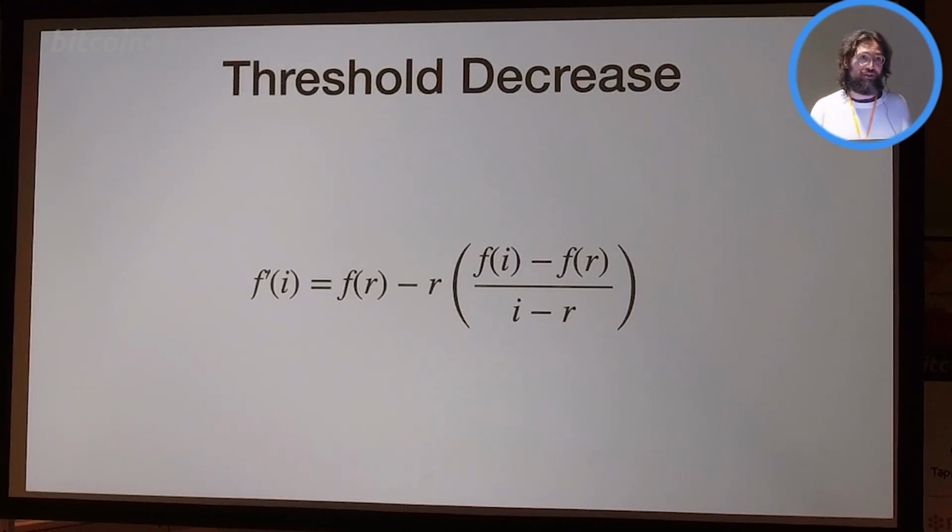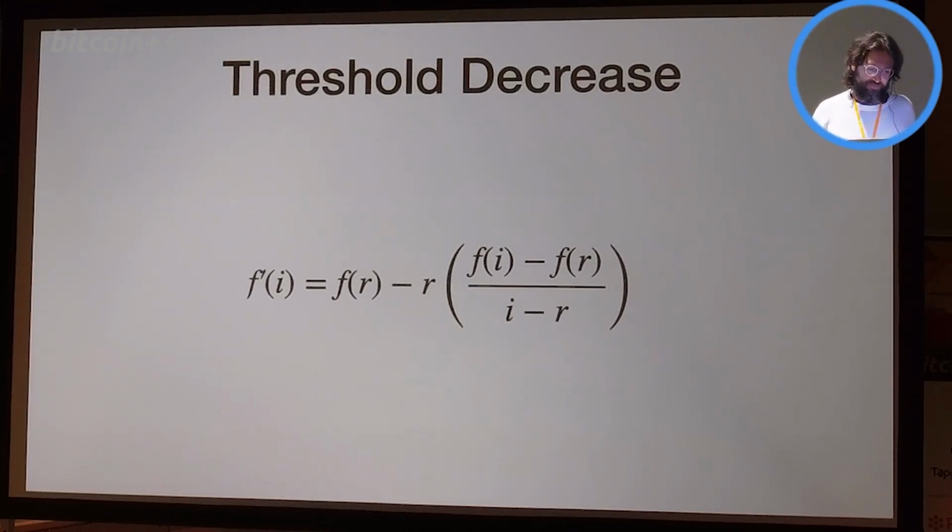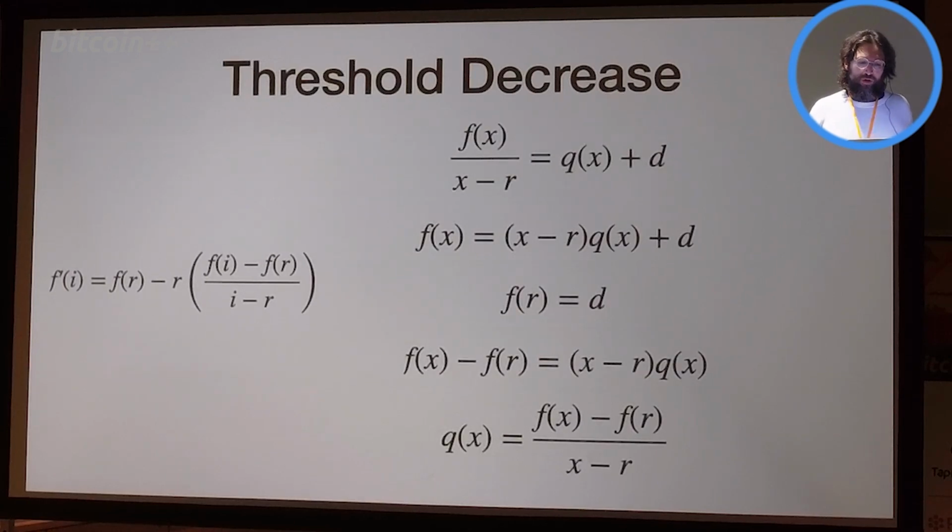So how do we know that this equation actually does this? Well, if we have some f of x and we divide it by a 1 degree polynomial x minus r, that will equal some quotient polynomial plus a remainder d. By the polynomial remainder theorem, we know we're going to get a polynomial, and maybe there'll be some remainder left over.